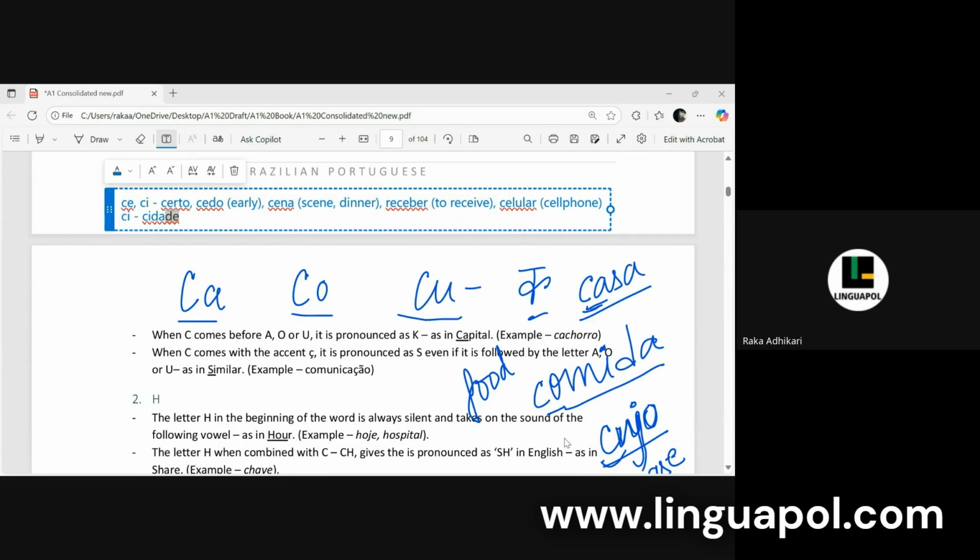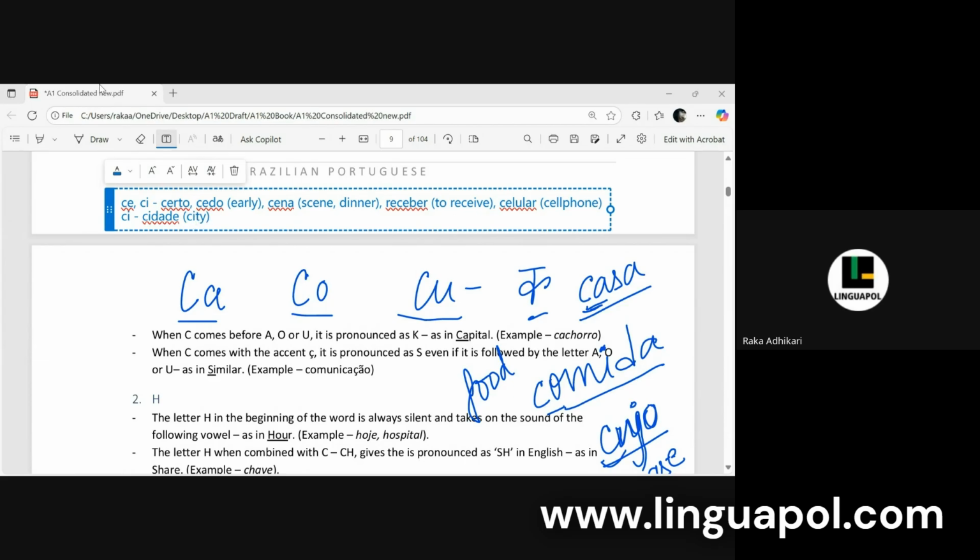In European, we don't extend the words at the end, especially when it ends with the letter E. We tend to cut it out. Whereas in Brazilian, it is cidade. Cidade means city.